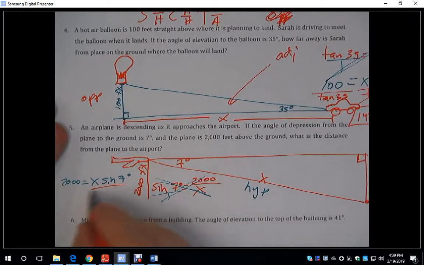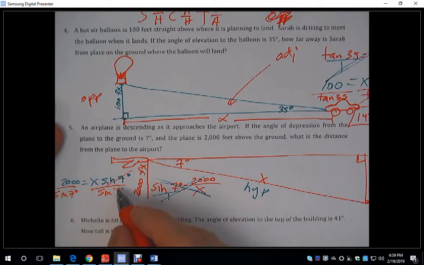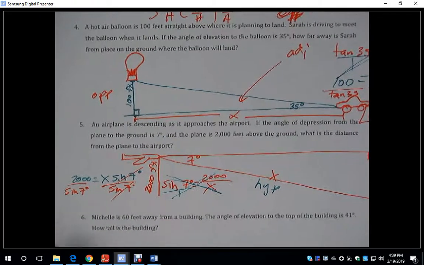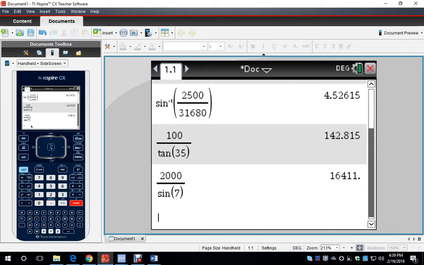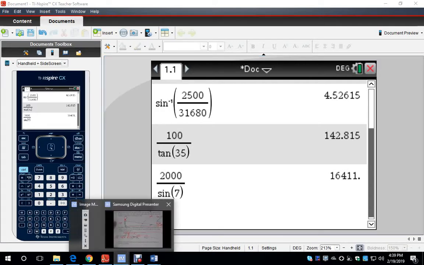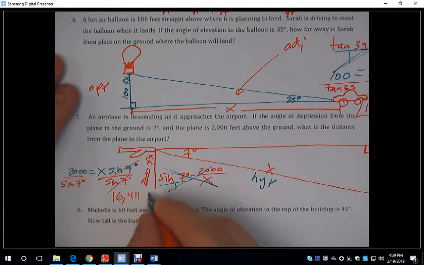I'm now going to divide both sides by sine of 7 degrees, because sine of 7 degrees divided by sine of 7 degrees gives me 1. And so I have 2,000 divided by sine of 7 degrees, and that equals 16,411 feet.